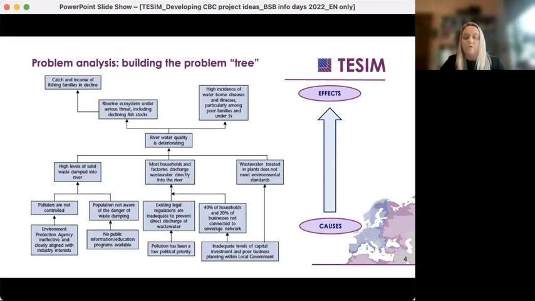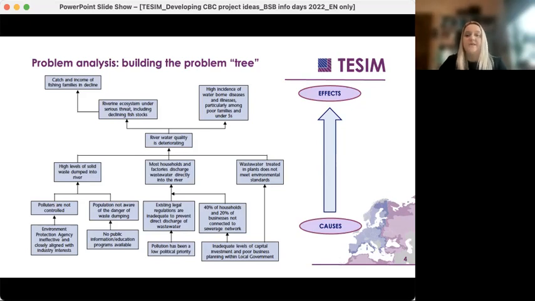You formulate all causes and effects as negative situations. And with this, you build the problem tree, showing the causes and effects from the bottom to the top. And please pay attention here that the position of the problem in the hierarchy does not indicate its importance. It only shows the links between them.